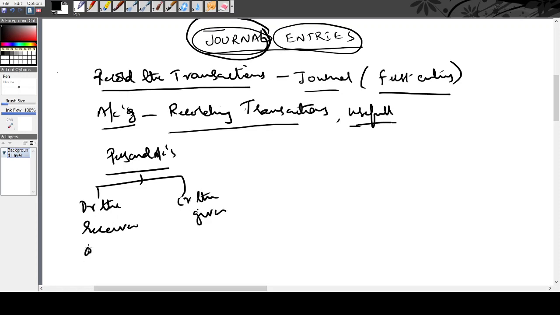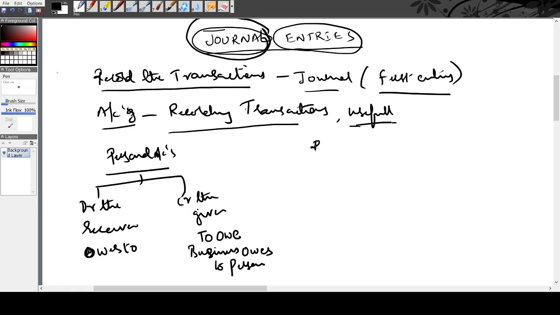If a person owes money to the business, we debit him. If the business owes money to the person, then in such case we are going to credit him.